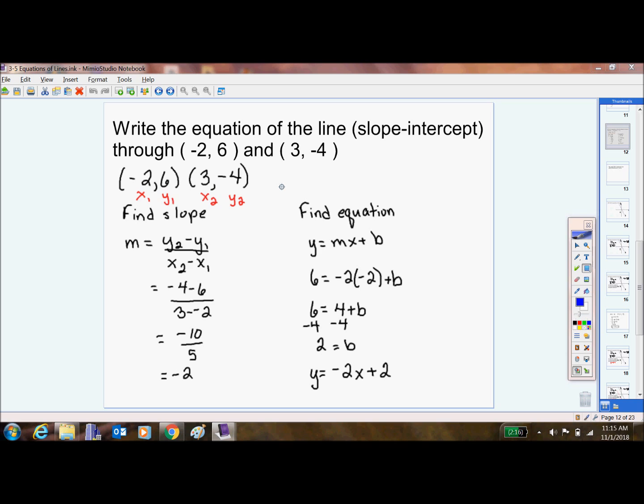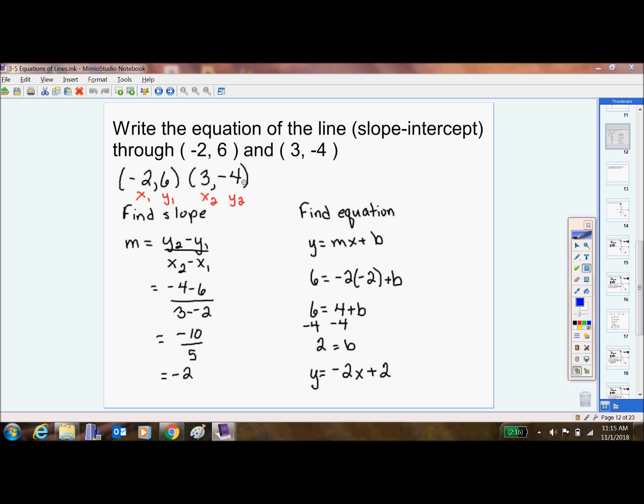If you look on page 139, 9 represents the year 2009 and 13 represents the year 2013. So it's just like this problem, except there's 9 and 13 in your X places, and 300,000 and 400,000 in your Y places.